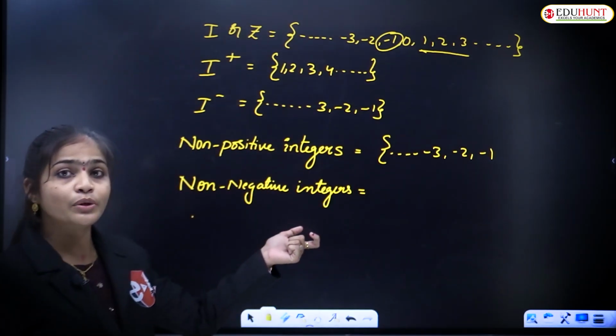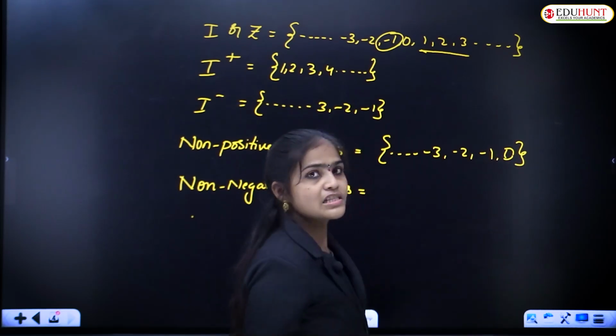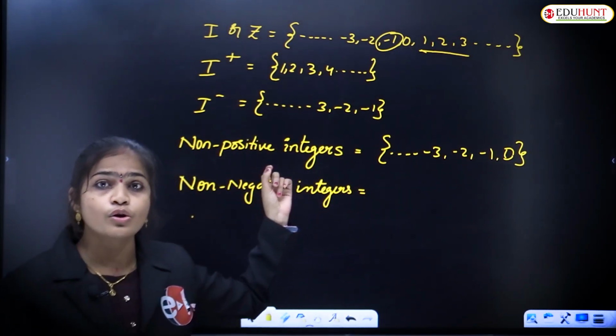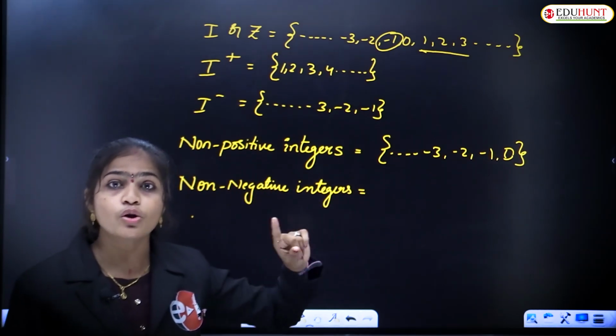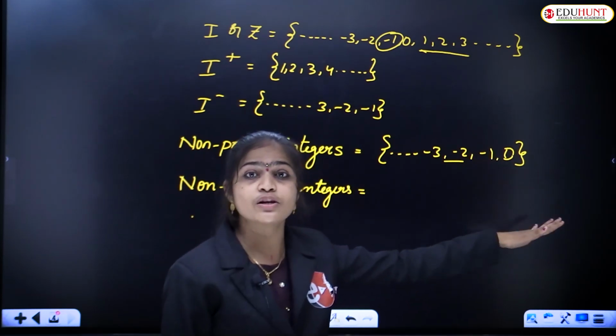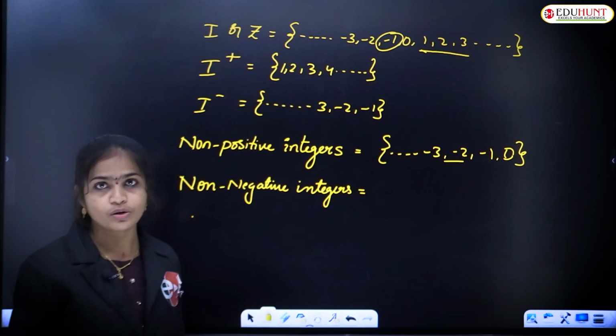Children, here we need to include 0 also. Why? Because in the name itself, non-positive, the numbers which are not positive. 0 is also not a positive integer, that's why we should include 0 also.